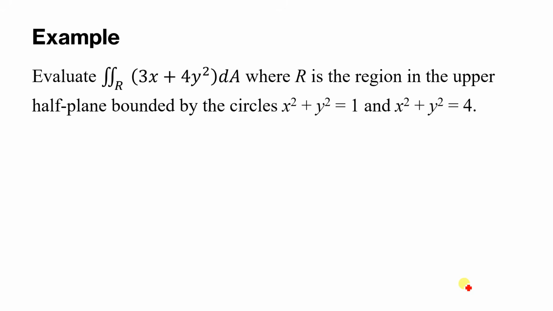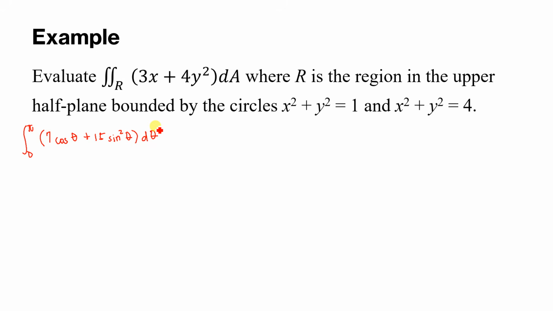Okay. So you have, from 0 to pi, from our solution on the previous slide, 7 cosine theta plus 15 sine squared theta d theta. Okay.